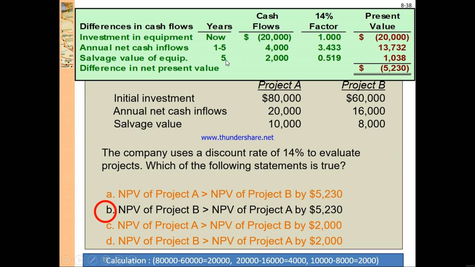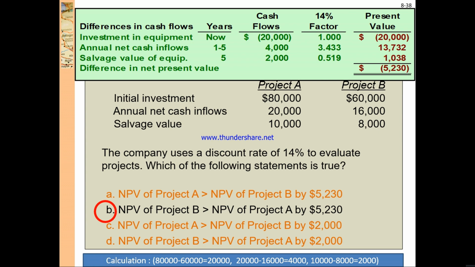So at the end of the 5 years, the present value factor at 14% is 0.519. And the salvage value in this case is 10,000 minus 8,000 equals 2,000. So what will be the figure? 0.519. So in this case, the present value will be $1,038. So by sum up, we will get 5,233.